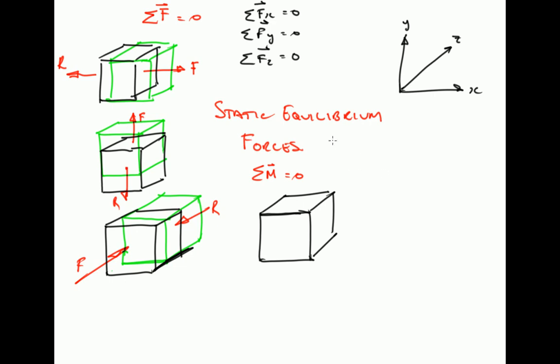In addition to these force equations here, we have the sum of all the moments about the x-axis equal to 0, the sum of all the moments about the y-axis equal to 0, and the sum of all the moments about the z-axis equal to 0, for this body to be in static equilibrium.